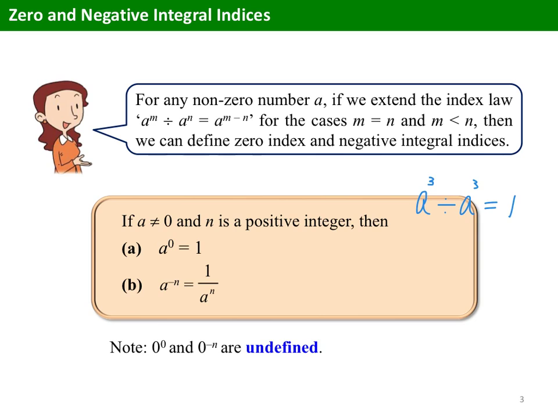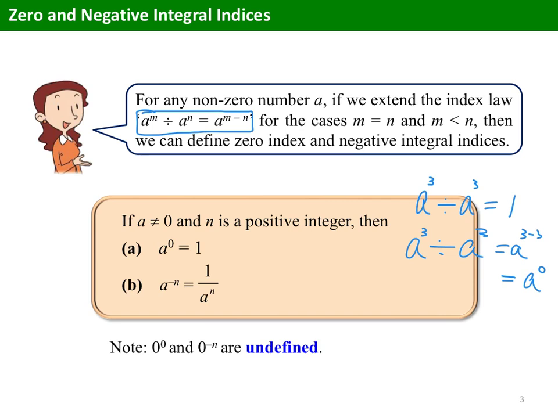And the other way, we use the formula we have learned: a to power 3 minus 3, which is a to power 0.